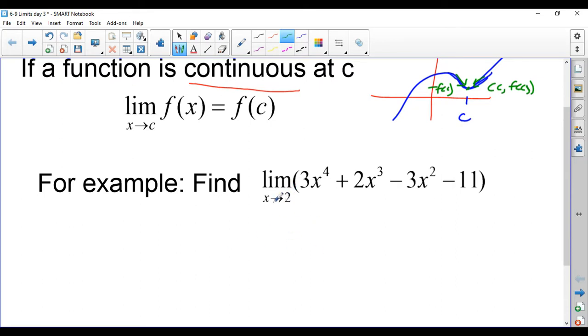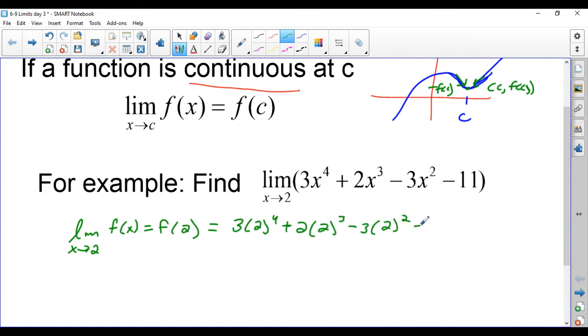So if I want to find the limit as x approaches 2 of this function, let's just call this function f of x, it's going to be equal to the function value at 2, which means I can calculate it by plugging 2 in for all the x's.